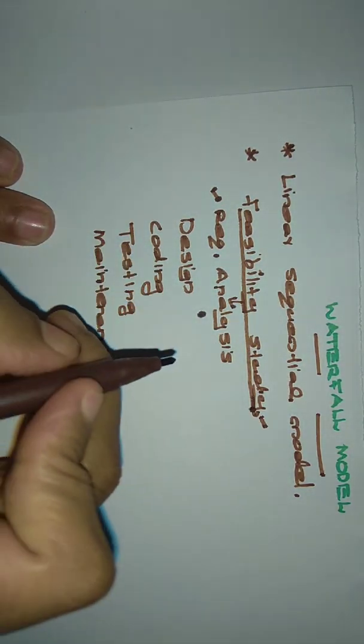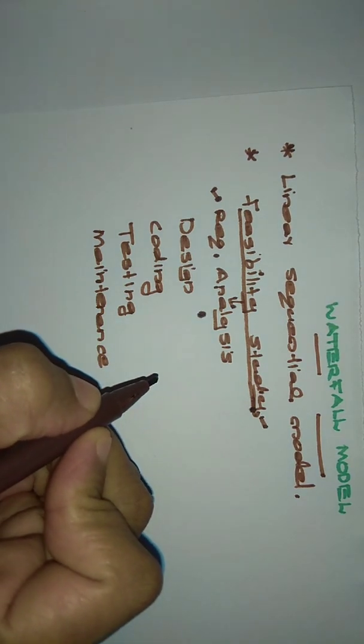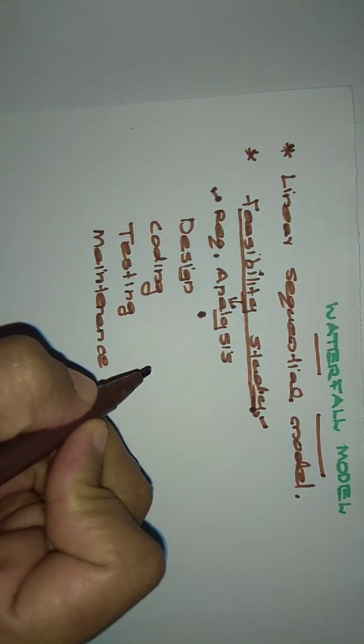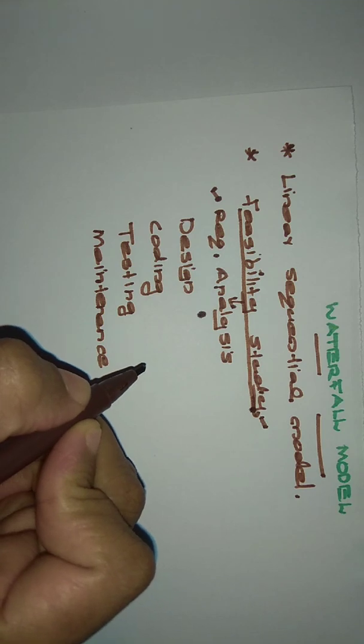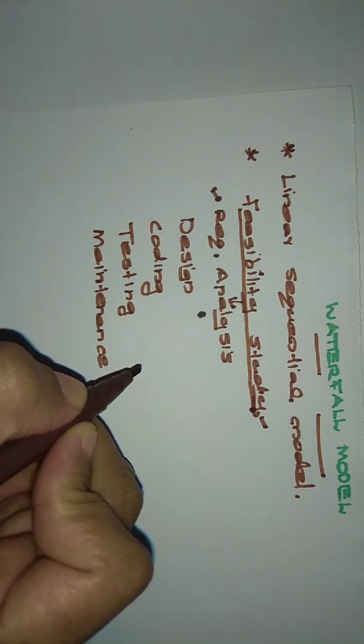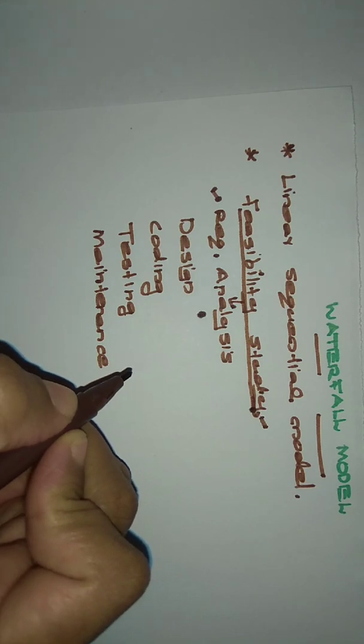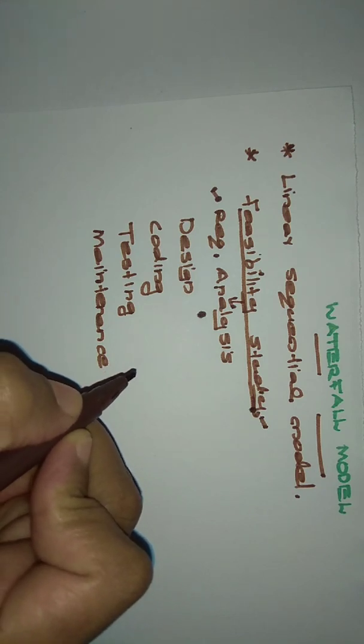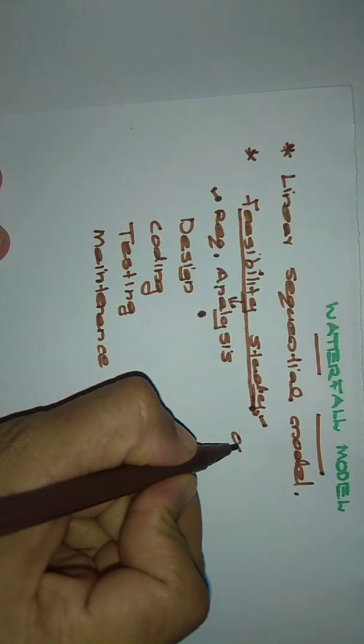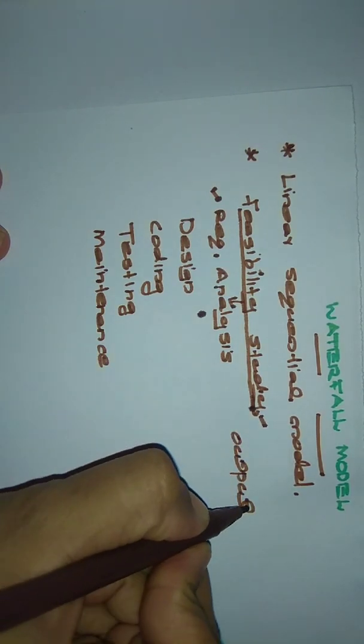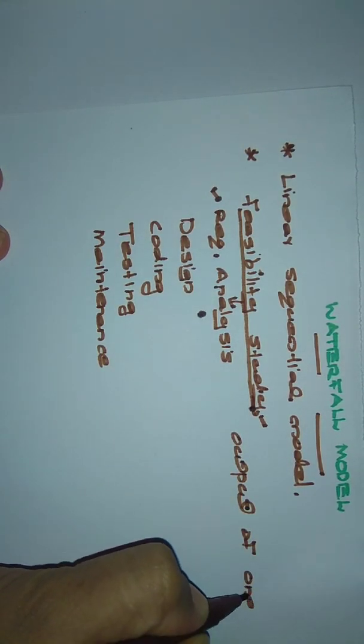So what are the main points? This model considers that one phase can be started after completion of the previous phase. That is, the output of one phase will be the input to the next phase.